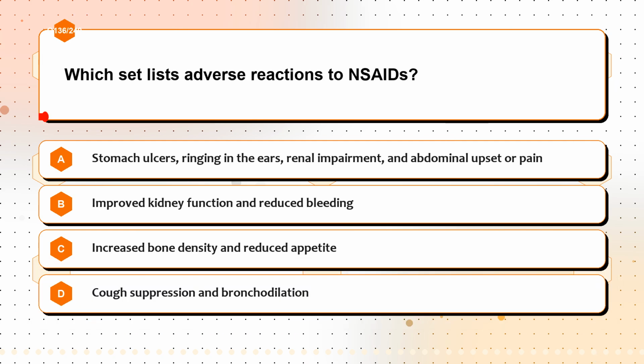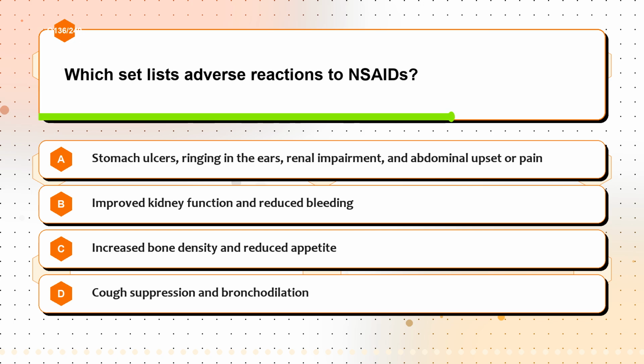Question 136. Which set lists adverse reactions to NSAIDs? Here are the options. Option A, stomach ulcers, ringing in the ears, renal impairment, and abdominal upset or pain. Option B, improved kidney function and reduced bleeding.